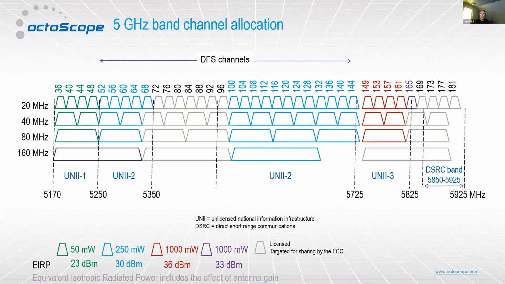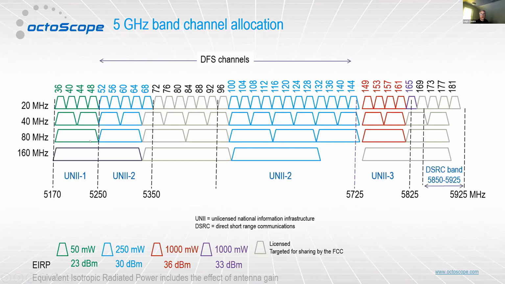For example, if we're talking about the 5 gigahertz band, it's not really Wi-Fi, actually, I shouldn't say that. In the United States, we have the band broken up into a couple of different regions known as UNII-1, UNII-2, and UNII-3. You can see down here at the bottom that there is a different amount of transmit power allowed in each of those bands.